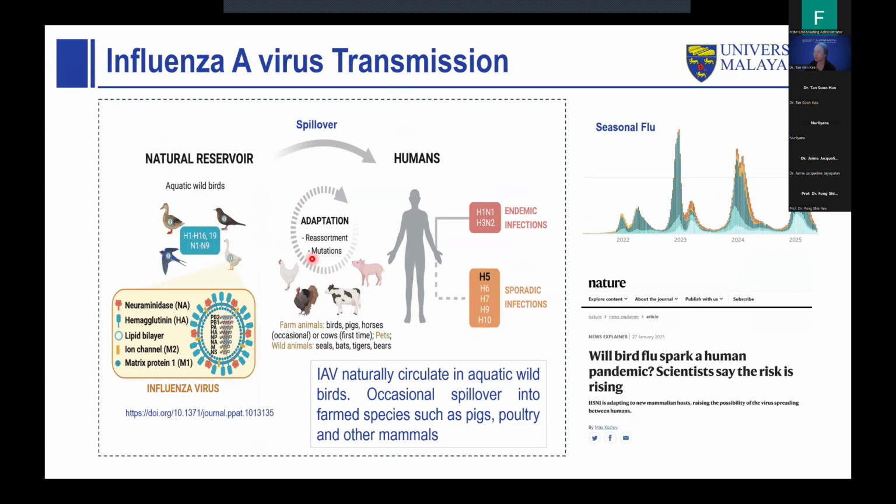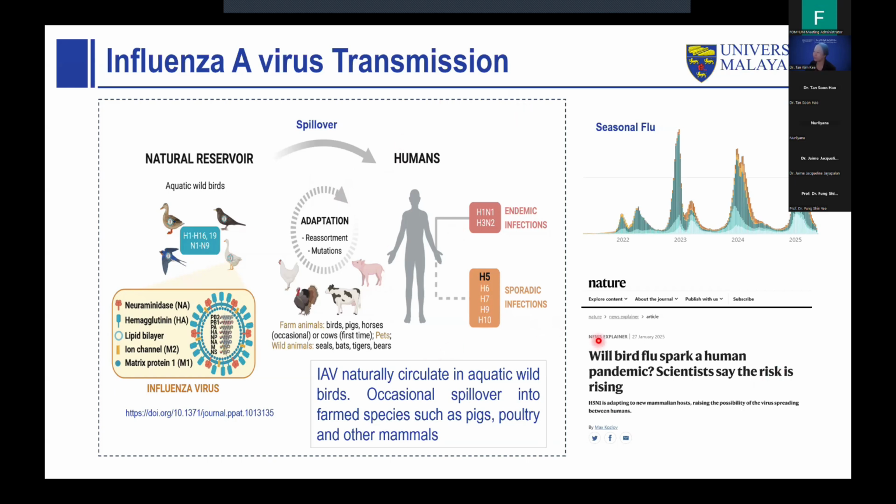Then they can spill over into other animals such as poultry and pigs. In these intermediate hosts, co-infection of different influenza A viruses could happen, and that is where mutation and reassortment could happen and create a new novel strain. When this strain picks up a suitable adaptive mutation, that could boost its replication and transmission in mammals, and of course that includes humans.